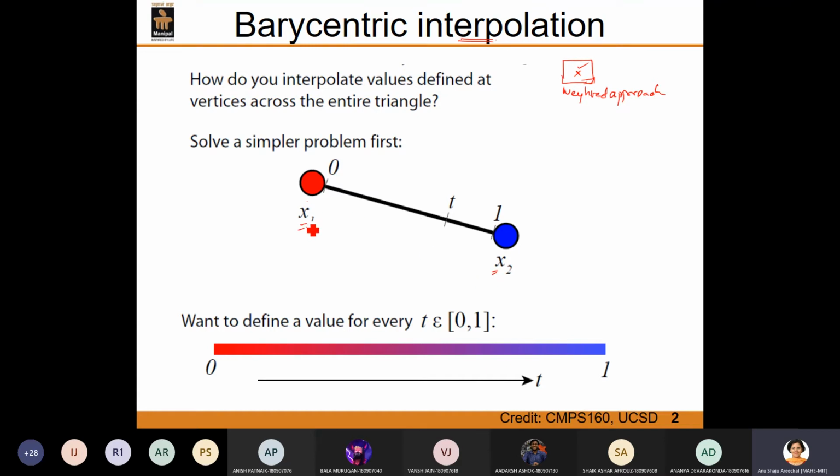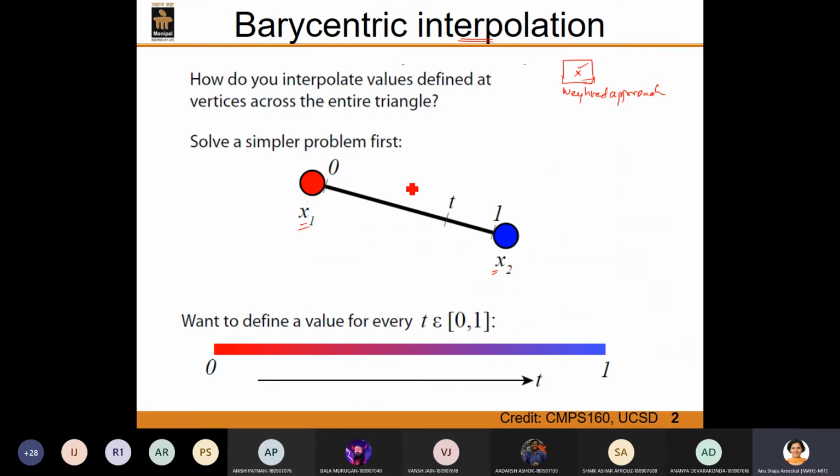The pixel intensity value of the pixel x1 in image 1 is red, and the pixel intensity value of the pixel x2 in image 2 is blue.